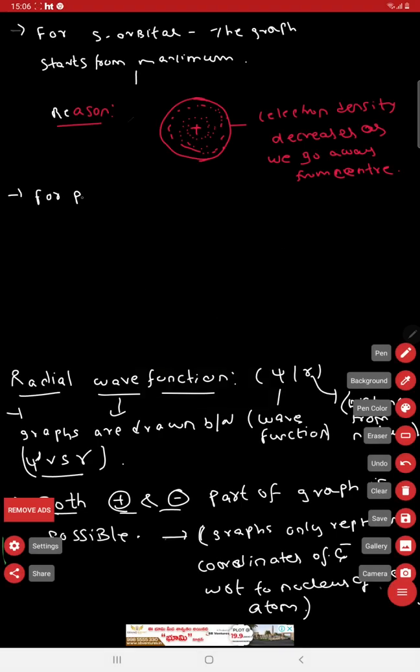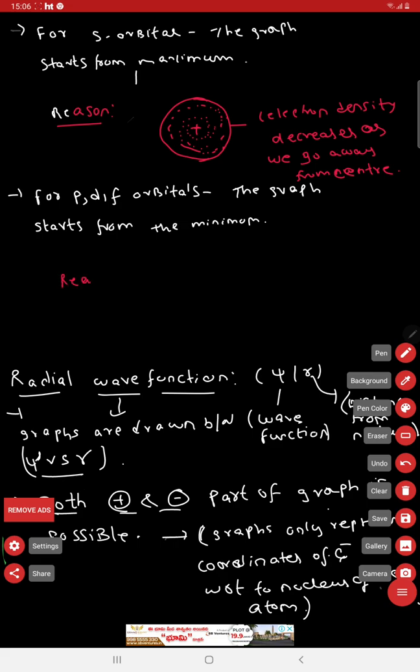For p, d, f orbitals, the graph starts from the minimum, because consider this example, it is also a very important example.